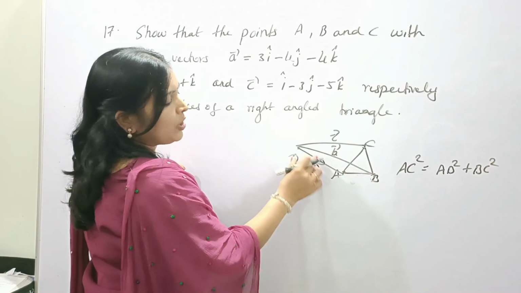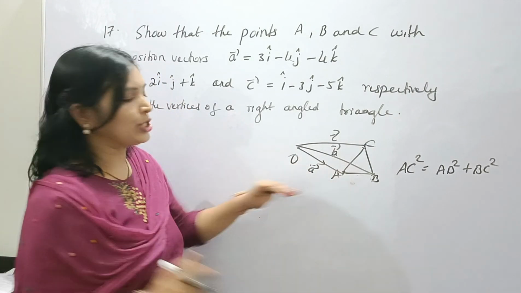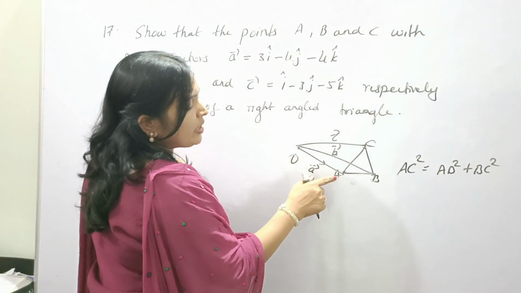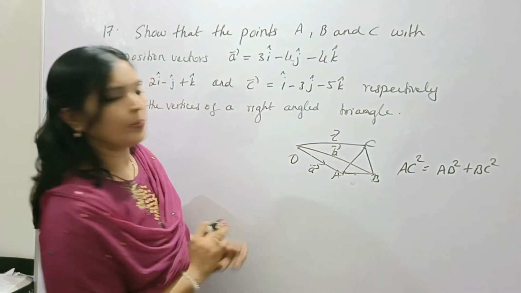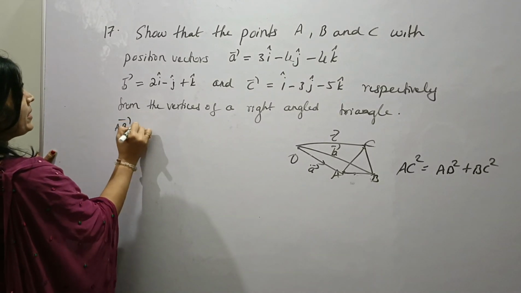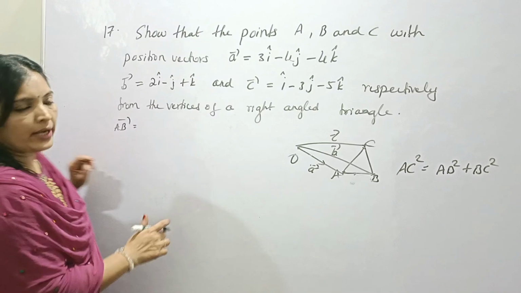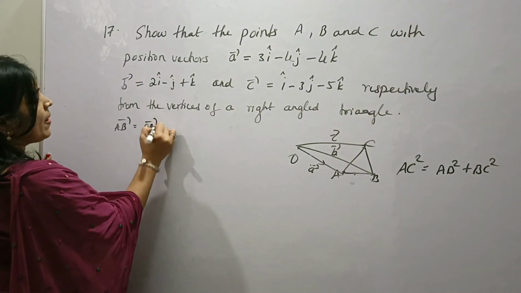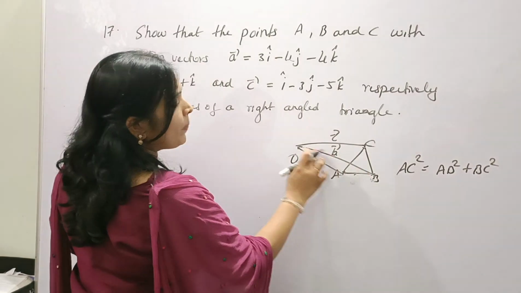By the triangle law of vector addition, we can write vector OA plus vector AB is equal to vector OB, right? So from this we can write vector AB is equal to vector OB minus vector OA. What is vector OB?